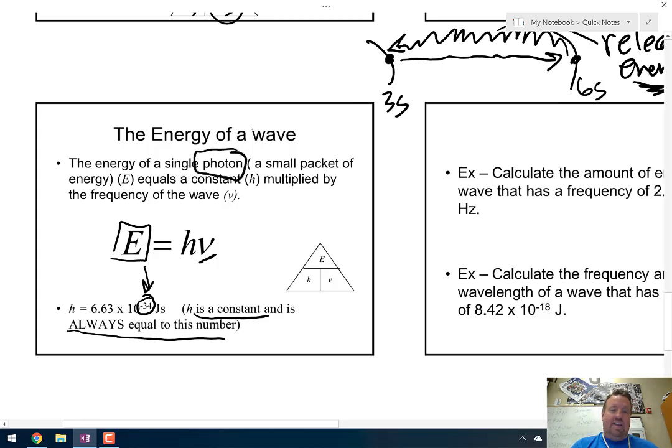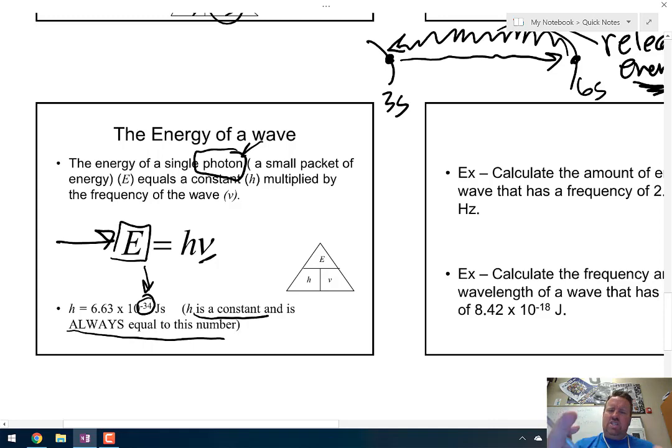Obviously we don't call it a train car, we call it a photon. So every wave has these little tiny packets of energy called photons, and that's what that energy is. It's the amount of energy in just one photon. So again, it's going to be really, really small, because we're talking about such a small amount of energy.